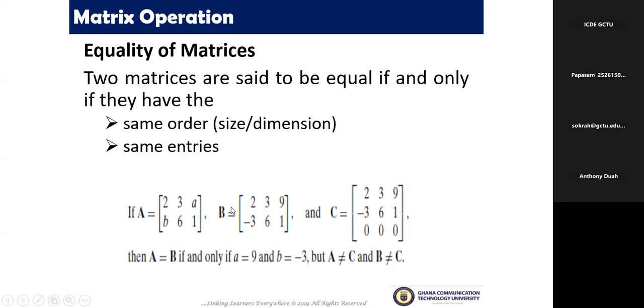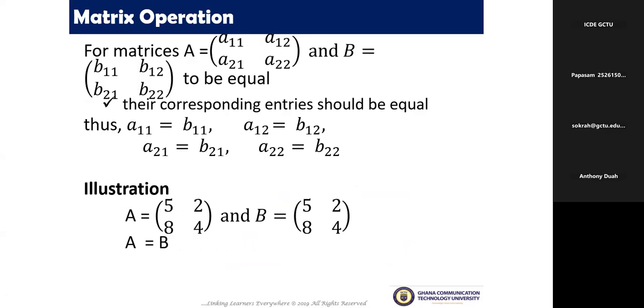Equality of what? Matrices, where you know that elements in corresponding positions are equal. So you now say, oh, okay, if that is the case, then 2 must be equal to 2, 3 must be equal to 3, and so A must be equal to 9, and B must be equal to what? -3. So this is the only sensible means by which I can ask questions of this nature. I hope that is clear.